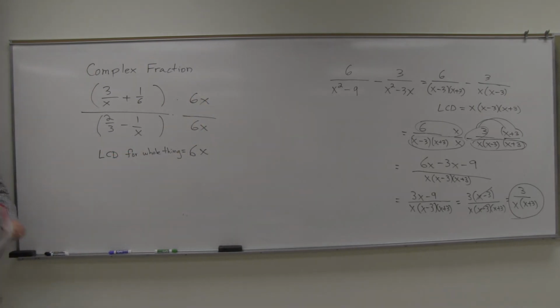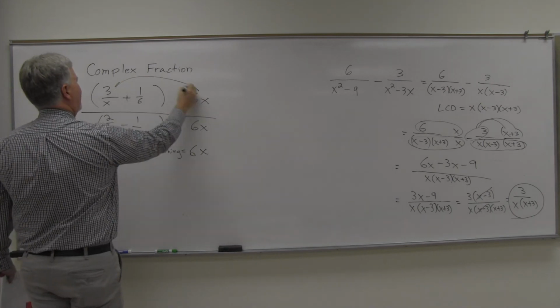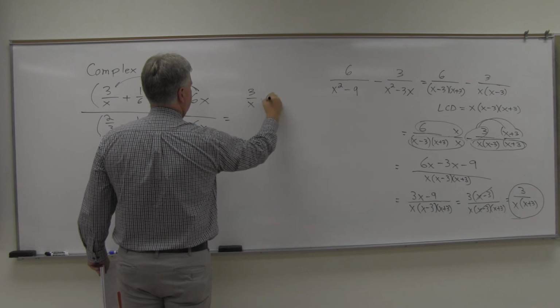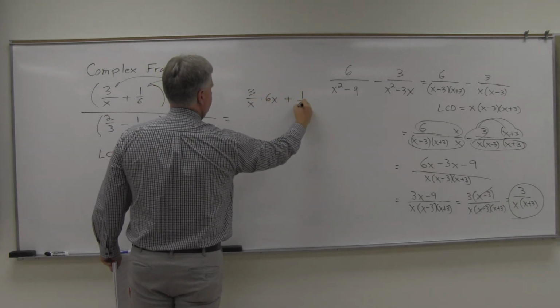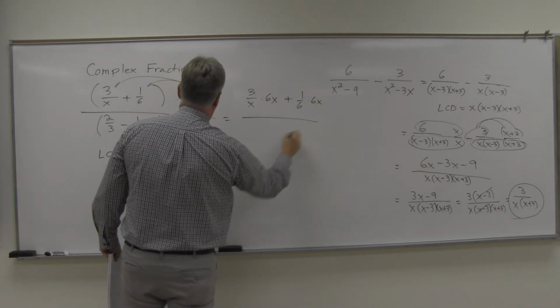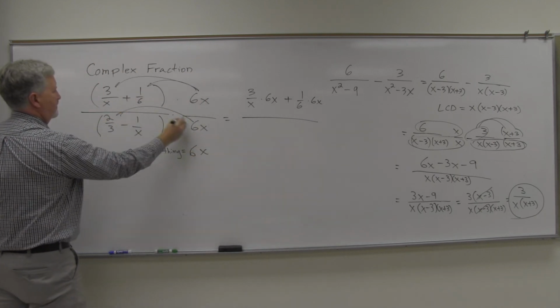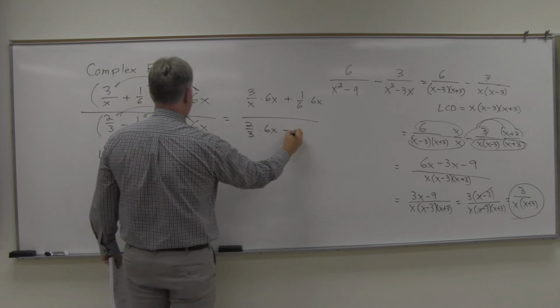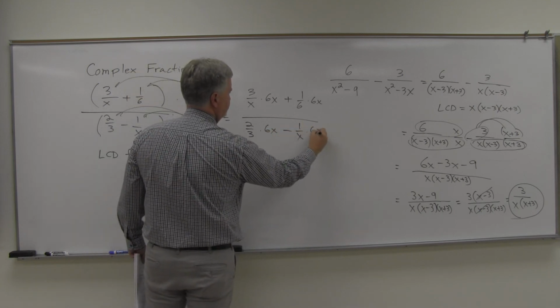What do you got to do? You got to multiply that and that by 6x. So let's do that. So you got 3 over x times 6x. And then you got 1 over 6 times 6x. And then the same thing on the bottom, you got to multiply both of those by 6x. So you got 2/3 times 6x. And then you got minus 1 over x times 6x.